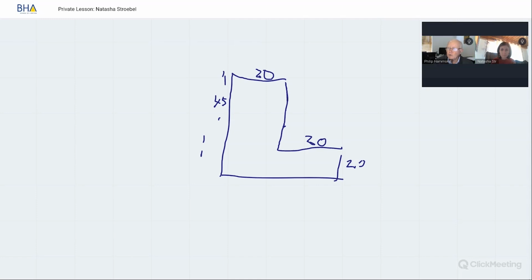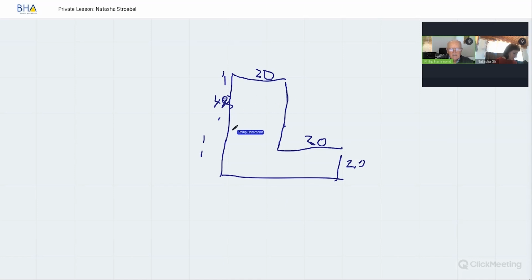I can't do the Lumen method because it's exceeding 1.6 to 1. You got it? 2.25 is way higher than 1.6 to 1. So let me make this 48.